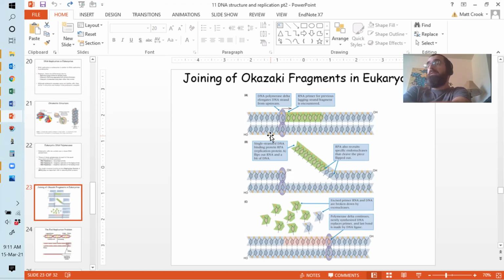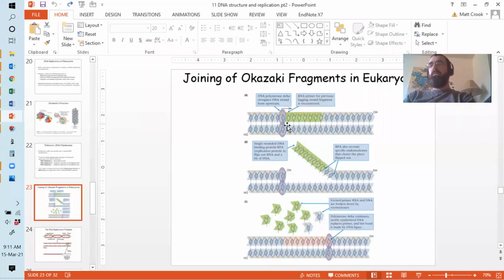Because you might have 1,000 leading strands per chromosome, and you might have tens to hundreds of thousands of lagging strands, rather, the Okazaki fragments per chromosome. So anyway, let's use the lagging strand as an example because it makes more sense to talk about that. It's going to happen a lot more there.